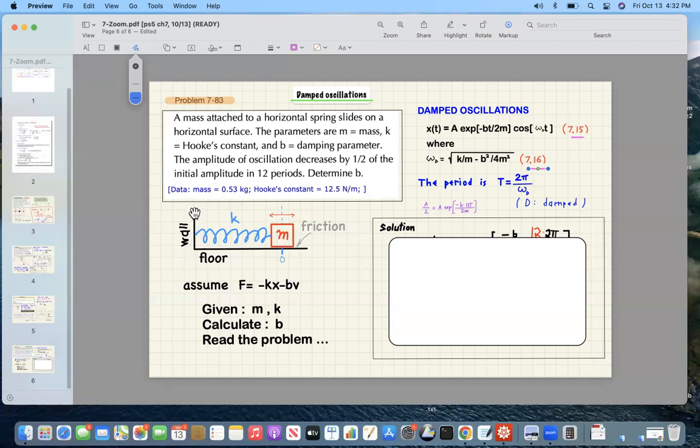So we have, you know, an immovable wall and a floor and a mass attached to a spring with an equilibrium length. So this has an equilibrium length, some L, L0 for equilibrium, and a Hooke's constant K. Then the force is minus Kx, that's Hooke's law, which we saw in an earlier chapter, minus B times V. So that's the velocity dependent frictional force.